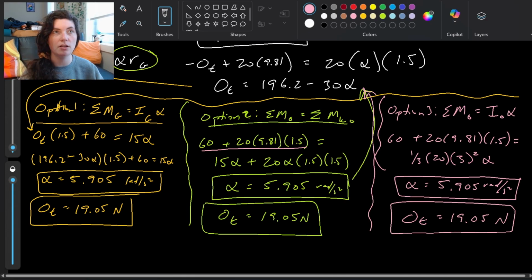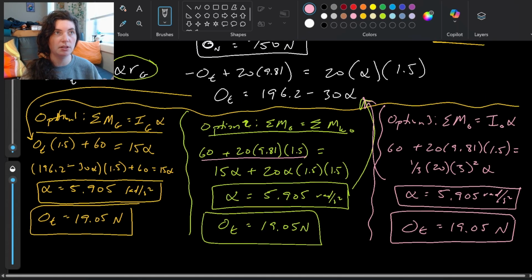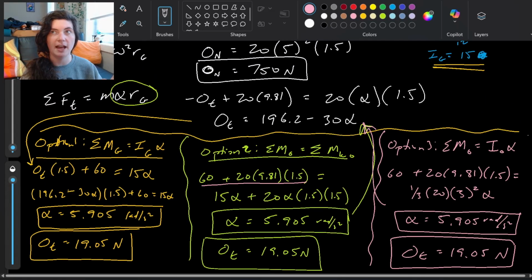So any and all of these three options are acceptable. All of them go with the fact that we had already done those first two equations of motion with the forces. We did Fn and Ft, and then we could choose any of these moment relationships that made sense to us for this problem.